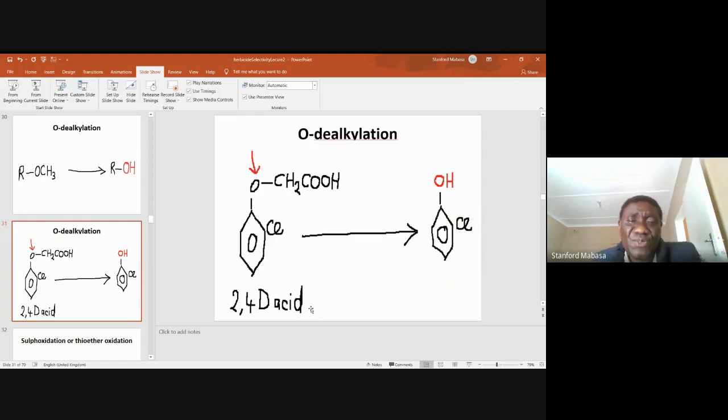I'm going to use 2,4-D acid to demonstrate O-dealkylation. Where you see this red arrow, this is where this part is going to break and form an OH. So this is O-dealkylation, removal of this bit.